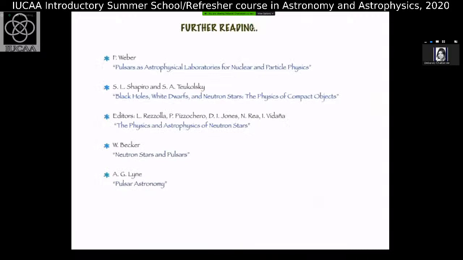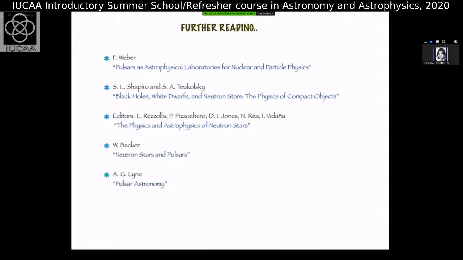So here are some references for further reading: Weber, Shapiro-Teukolsky, and further, I will provide you some other references which will concern the equation of state problem of neutron stars.